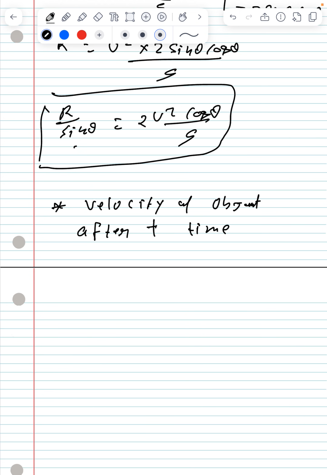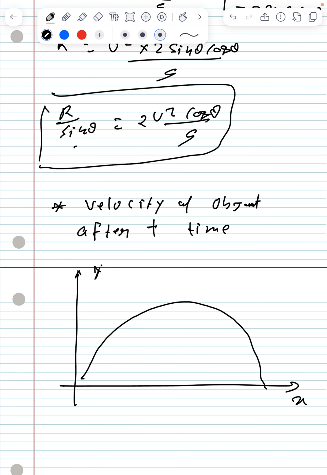Now let's understand the velocity of the object after time t, right? Velocity of the object just after t time.